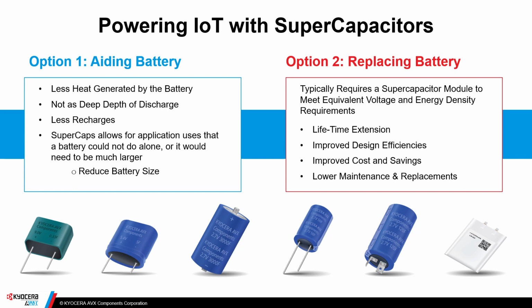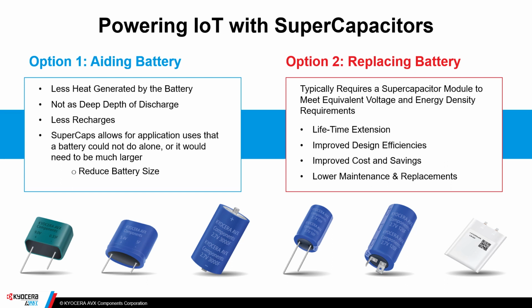Now, in doing that, we could say it's possible that less heat would be generated by the battery throughout its life cycles. We could also say that the battery would not see as deep of a discharge, and generally that's going to increase the lifetime of that battery. There'll be a smaller number of recharges needed, assuming it's a rechargeable situation.